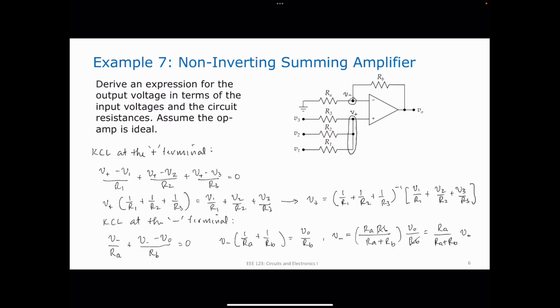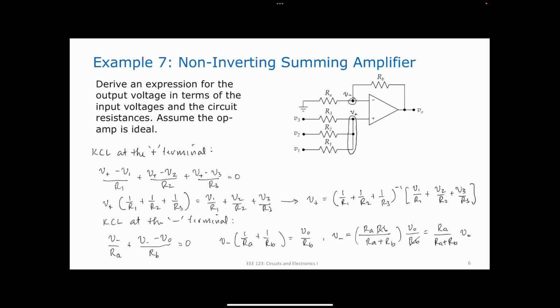But we know that because this is an ideal op-amp, V plus is equal to V minus. So I can actually equate this term with this term. So what am I going to get? Let's write out this term first.